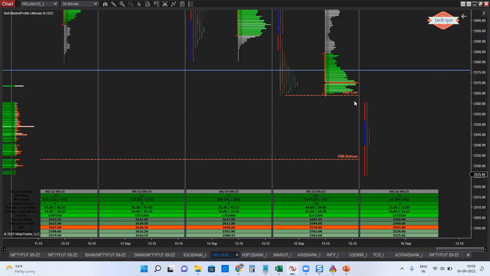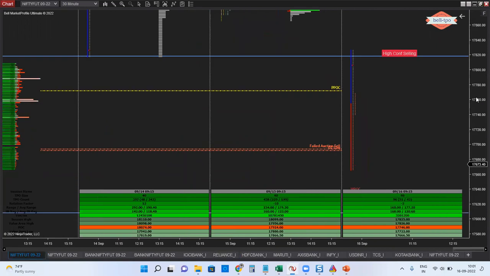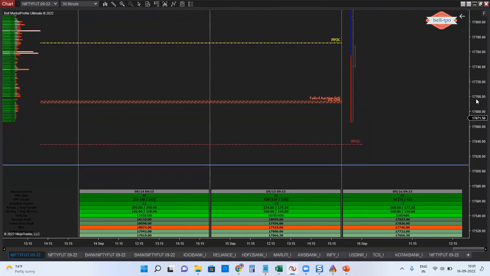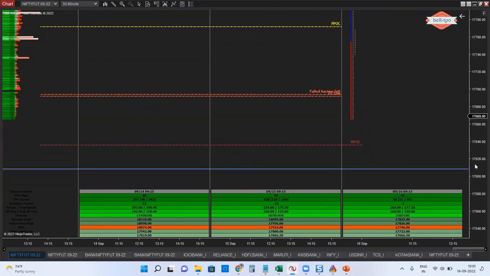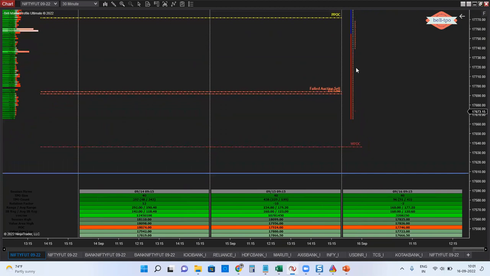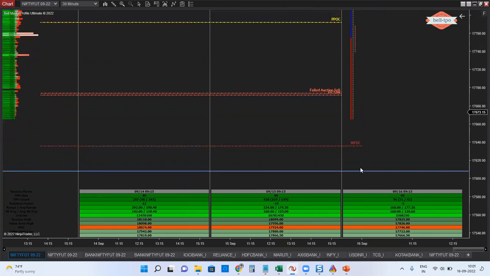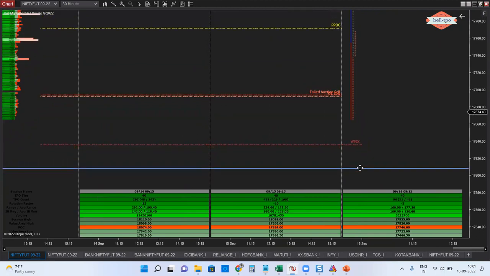So Reliance is crashing down very fast, and that could be putting a lot of pressure on Nifty as well. So more and more pressure is coming in case of Nifty. You know why it is ramping down? It is racing towards this level, 17,600.